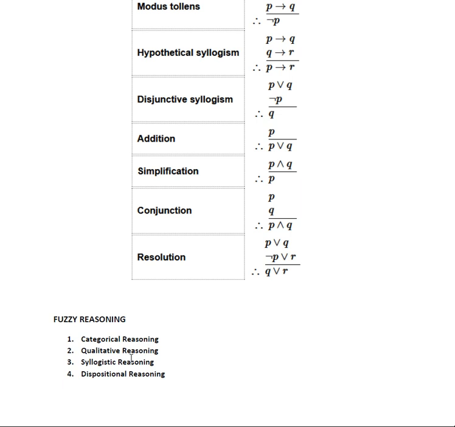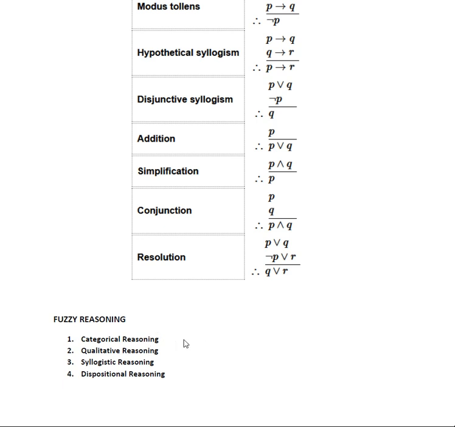And finally, we have dispositional reasoning, in which the antecedents are dispositions. In this case, the antecedents are dispositions that contain implicit or explicit fuzzy quantifiers. And here we similarly apply the projection conditions.